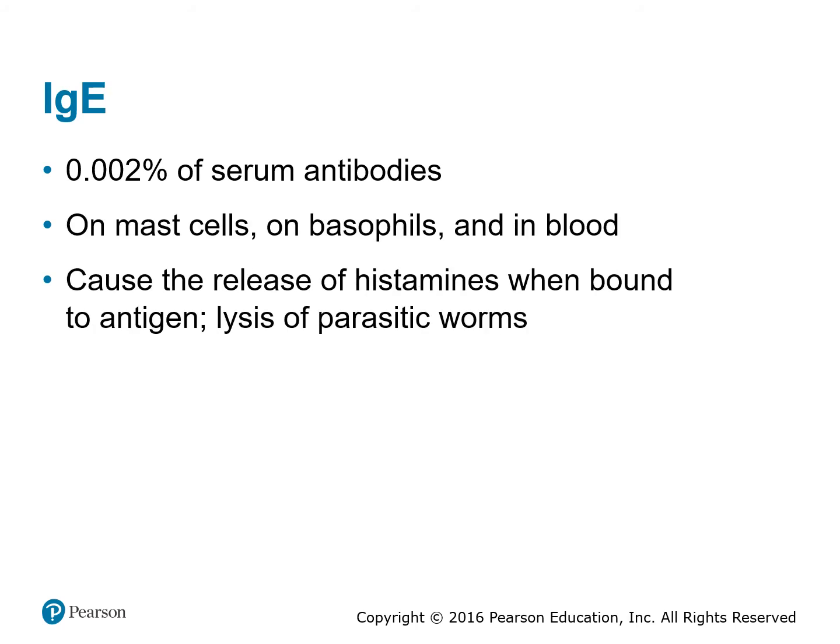We also have immunoglobulin E. That's another antibody. It makes about 0.002% of the antibodies found in your plasma or in your serum. They're actually found bound to your mast cells, the surfaces of your basophils, or they could be circulating in your blood. They do help us respond to allergic reactions.